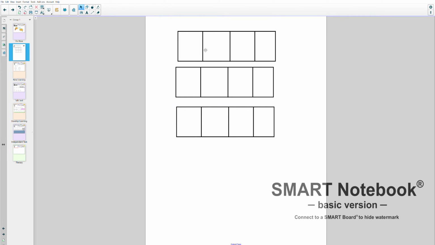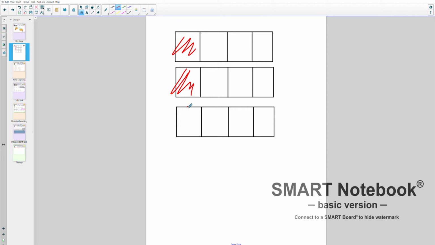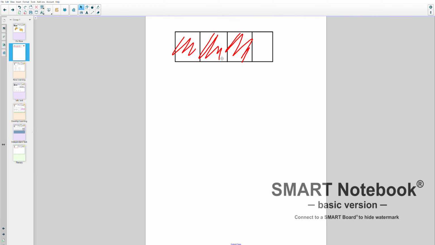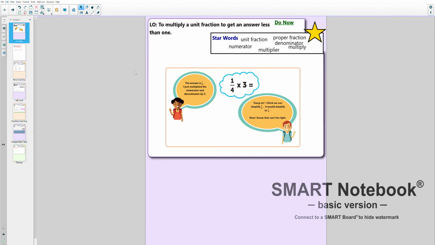Of course, if I've got 1/4 3 times, then what I have here is I've got 1, 2, 3 quarters overall. Of course, I can just move this. So I've got 3 quarters. Makes sense, right? 1/4 times 3 equals 3 quarters.